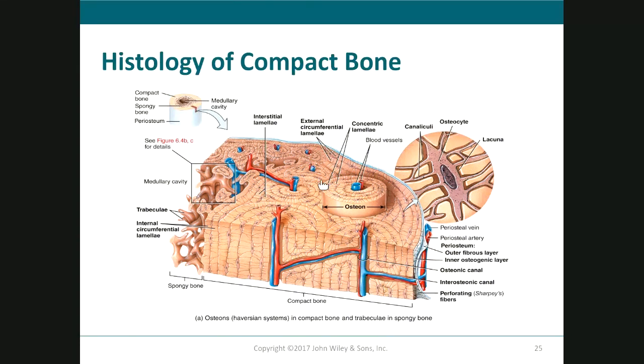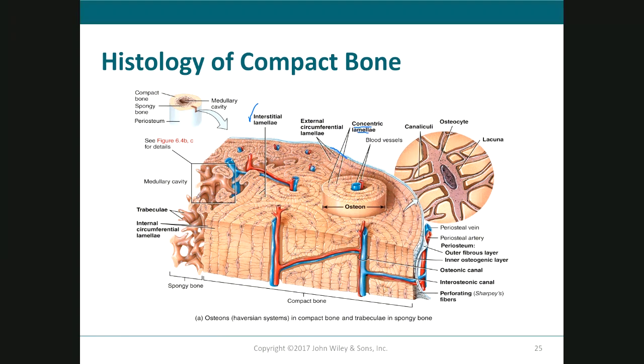In between each of these osteons, what fills the spaces is called interstitial laminae. And then we talked about how the whole perimeter of the bone itself has the circumferential laminae.